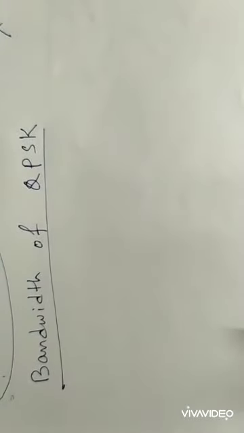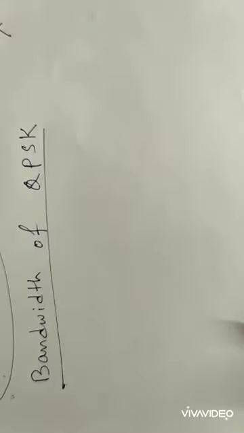Now, during our previous class, we have already calculated the bandwidth of phase shift keying. How did we calculate that? First, consider a bit. In the frequency domain, that bit or pulse is a sinc pulse.